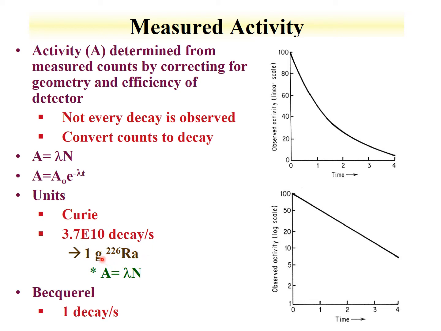If I calculated the number of atoms in a gram of radium-226, so 1 divided by 226 times a mole, times the decay constant, which is about 1,600 years for radium-226, I get an activity of 3.7 times 10 to the 10th decays per second. So a Curie, that unit, is based upon 1 gram of radium-226. So there are 2 activity units that are used: the becquerel, decay per second, and the Curie, this 3.7 times 10 to the 10th.